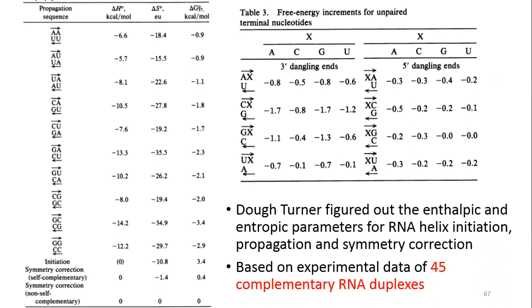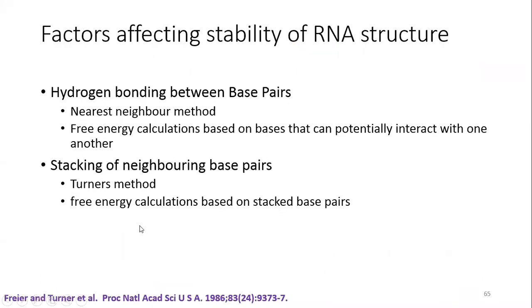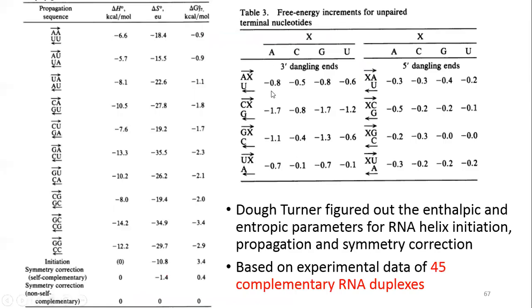So what happened is that Doug Turner figured out the enthalpic and entropic contributions for RNA helix initiation, propagation and symmetry correction. These three terms are what we will use to calculate the free energy associated with RNA folding. Doug Turner standardized the values that can be used for free energy calculation.